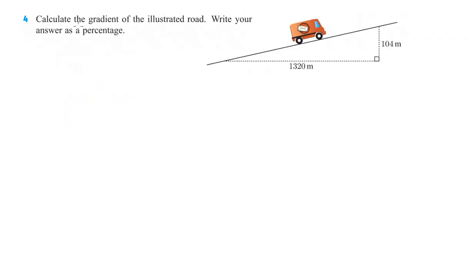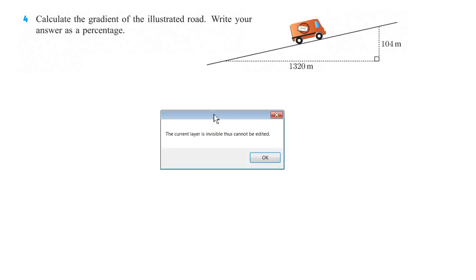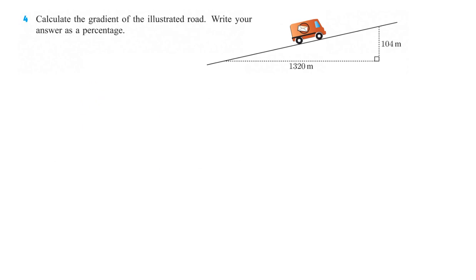All right, number 4, calculate the gradient of the illustrated road. Write your answer as a percentage. Okay, so gradient is always rise over run, right? So in this case, that's going to be 104 over 1320.